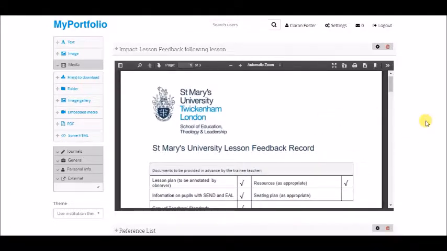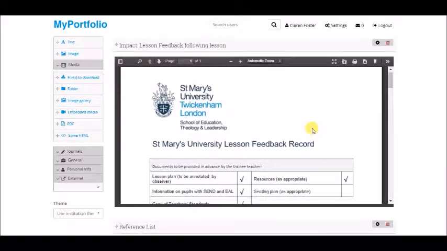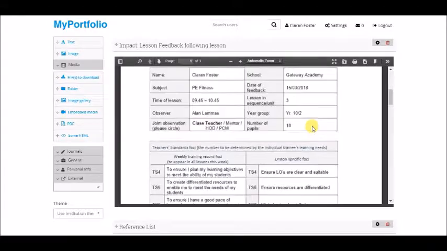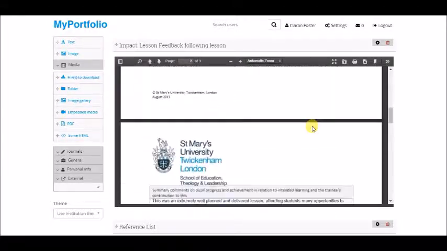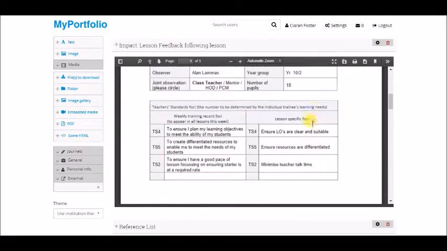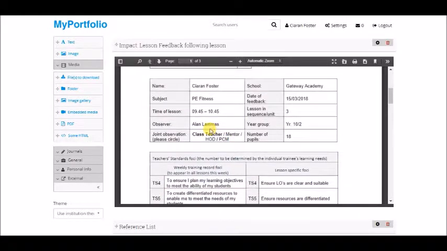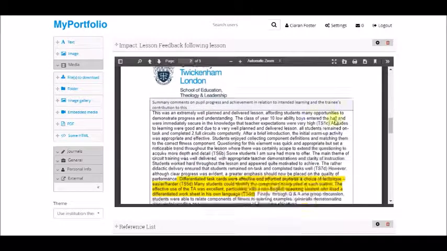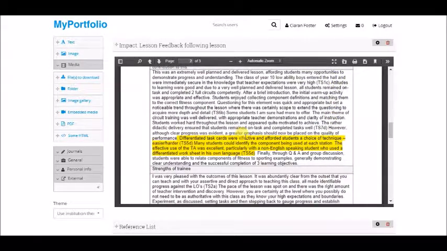Just looking at the final impact, to show how my teaching and differentiation impacted the teaching. This was my formal assessment with Alan, and in his feedback he said that differentiated task cards were effective and afforded students a choice of technique, easier or harder.